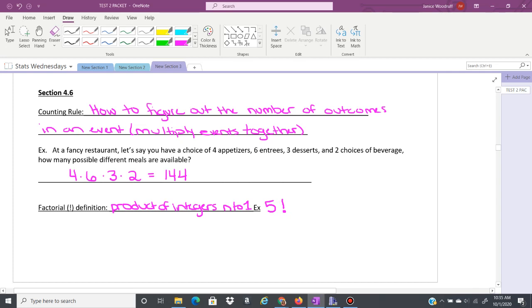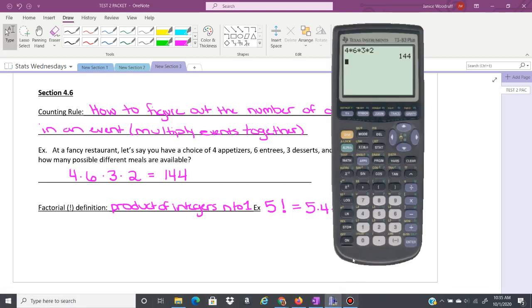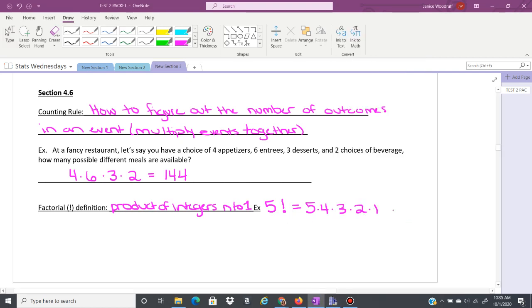So 5 with an exclamation point means 5 factorial. It just means 5 times 4 times 3 times 2 times 1. So it's kind of like the 12 days of Christmas. When you see the exclamation point, you're just going in descending order and multiplying. So that would be 120.